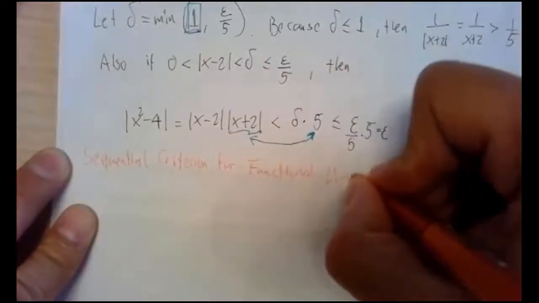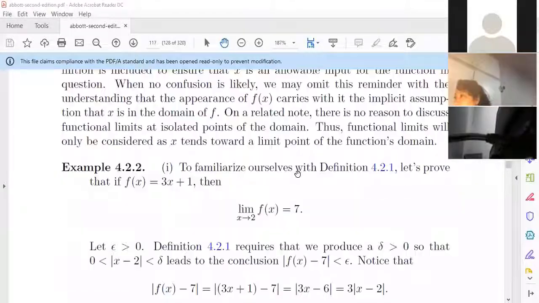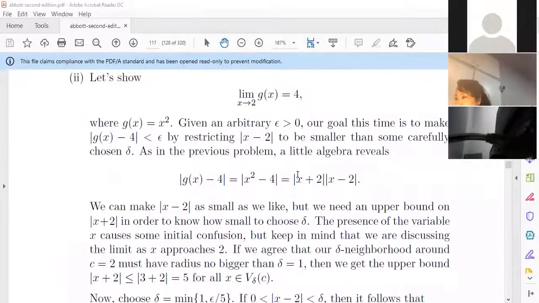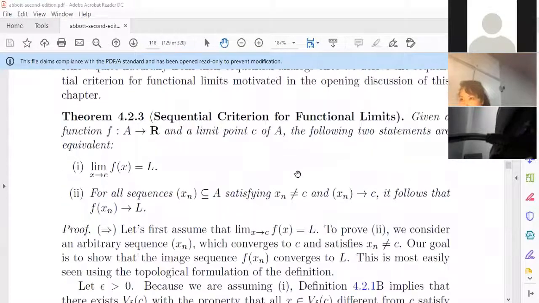Instead of writing it down, actually, I'm going to show it to you in the book, and we'll do the proof. So here's the result.